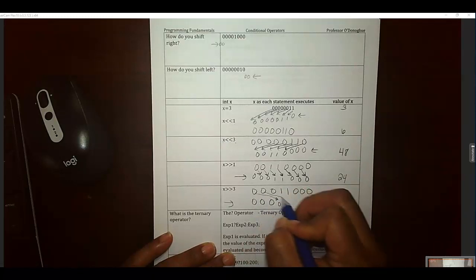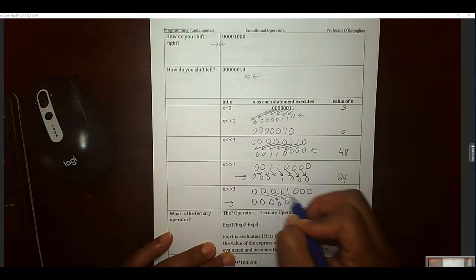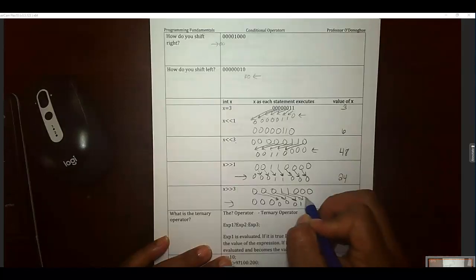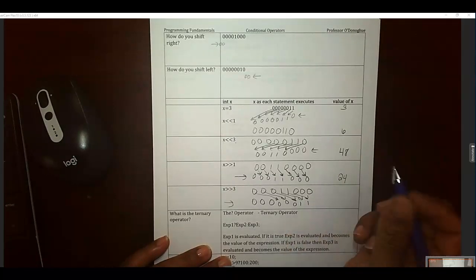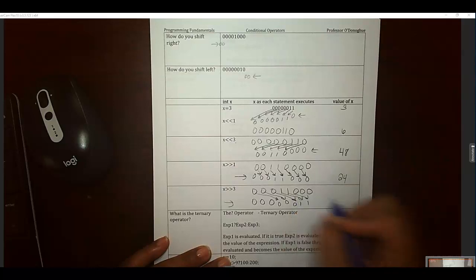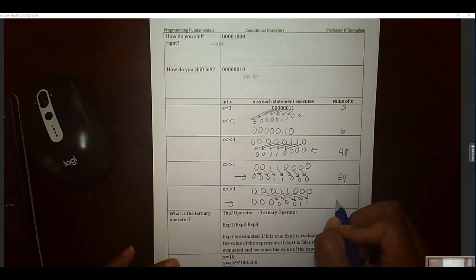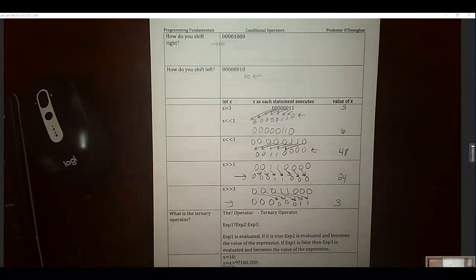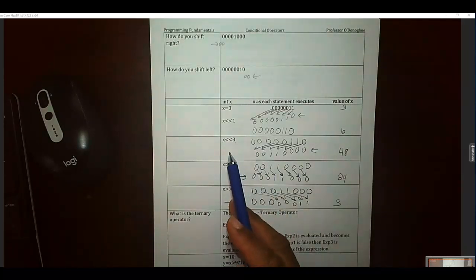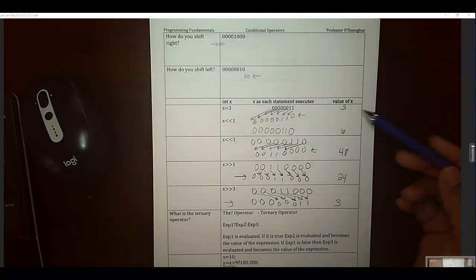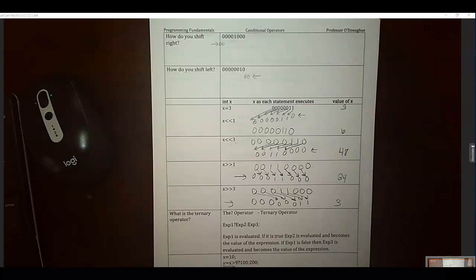So that 0 goes there, that 0 goes there, that 0 goes there, that 1 goes there, and that 1 goes there, and these 3 zeros just fall off. And guess what? We're back to the value of 3, which makes sense because we shifted to the left a total of 4, and we shifted back to the right a total of 4. So that should give us what we started with, and it does.